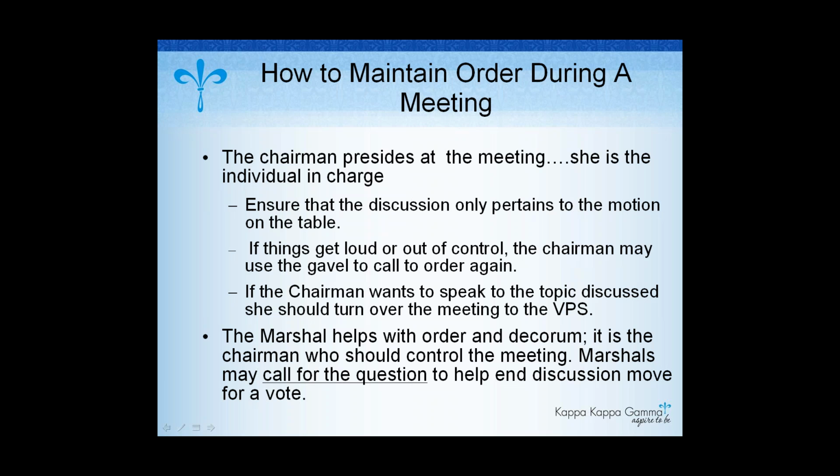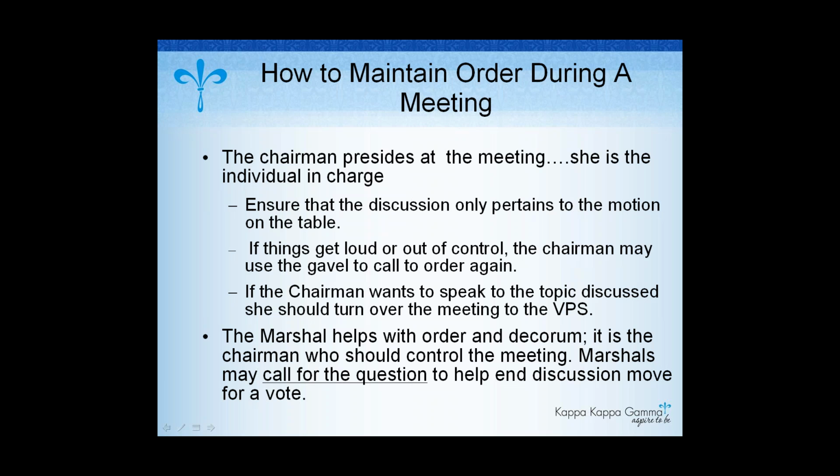If the membership chairman wants to speak, they need to turn it over to another officer. When you're running a meeting, you should not also be participating in the discussion. The marshal also helps keep order and decorum, but it's the chairman who should control the meeting.